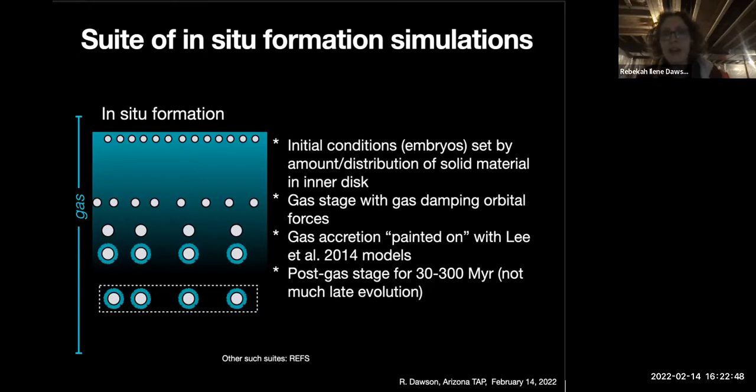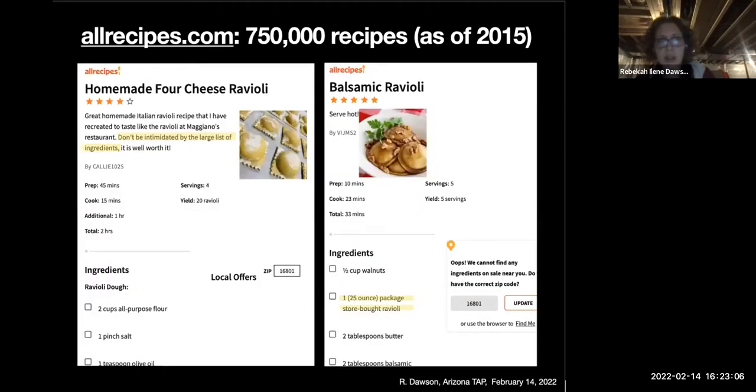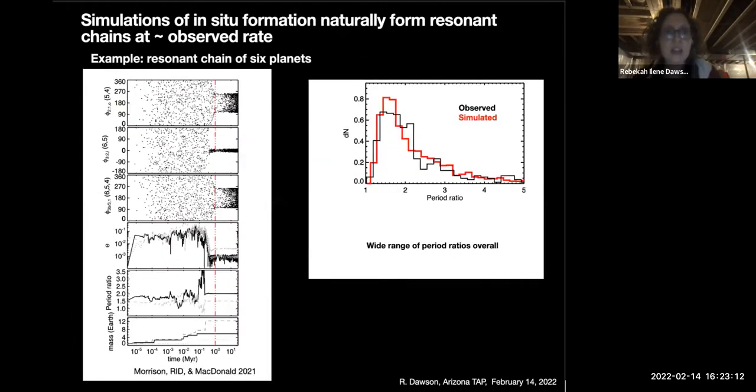And then we have gas accretion that's painted on after the fact. And then we have a post-gas stage where we evolve the system for much longer, though usually not much changes too dramatically after the gaseous stage. So I like to think of these simulations as somewhere between the long-list-of-ingredients ravioli and the store-bought package ravioli.